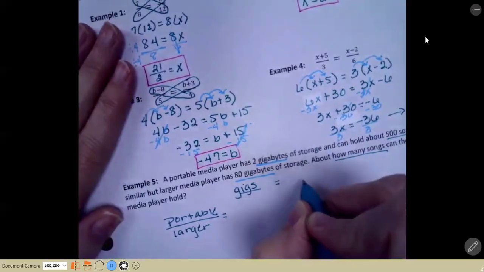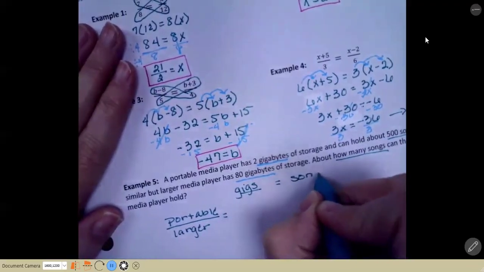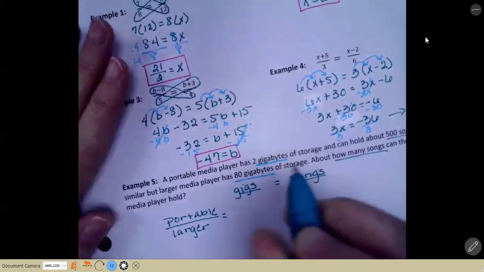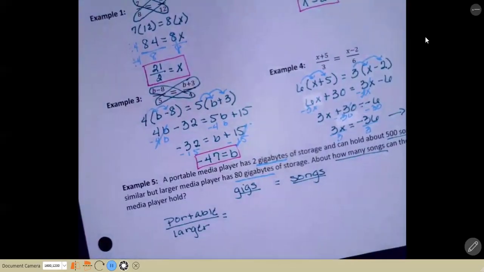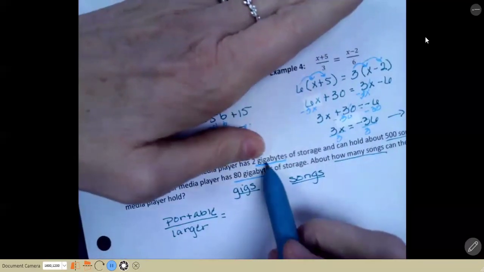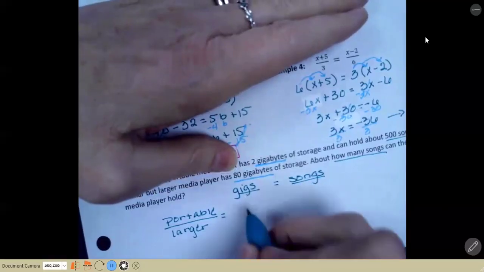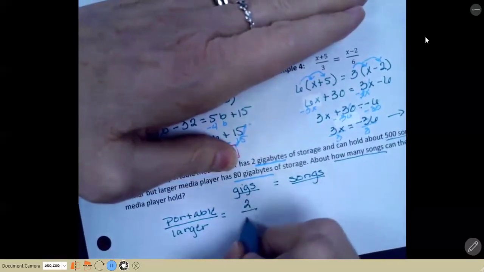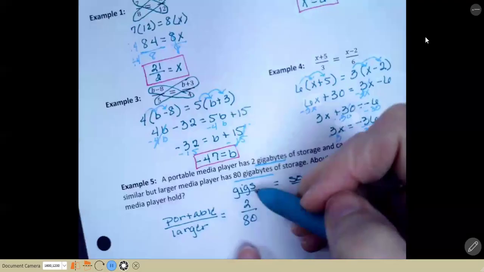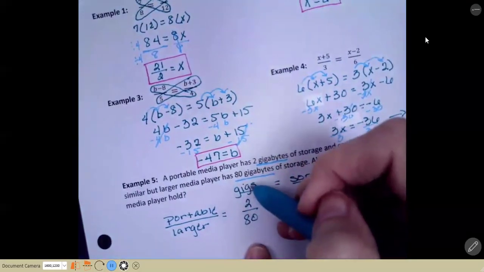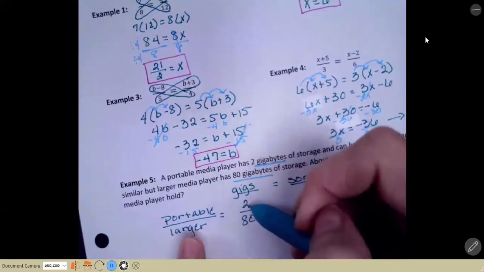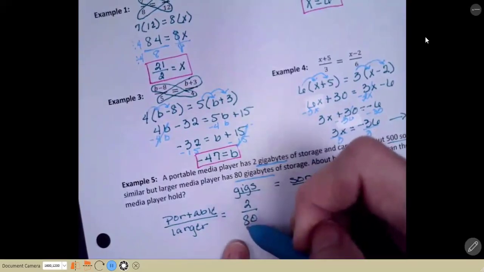And this is going to be equal to songs, okay? So if this confuses you, you do not have to set it up this way. But let me show you what I'm actually doing. I'm going to take 2 gigabytes over 80 gigabytes. So 2 over 80. Notice how this entire fraction is gigabytes, but I have the portable gigabytes over the larger player gigabytes.